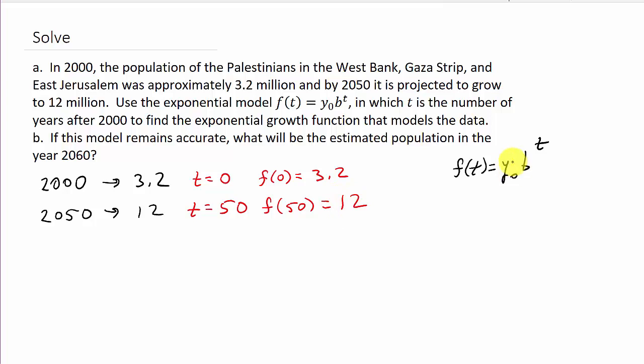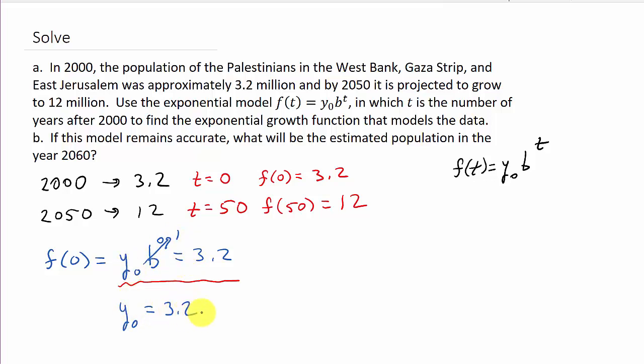All right, so let's look at this. f of 0 is going to allow us to find y naught. So that's y naught times b to the 0, and f of 0 equals 3.2. We know that anything raised to the 0 power is 1. So we've got y naught times 1, because b to the 0 goes to 1, and 1 times y naught is y naught, and that equals 3.2.